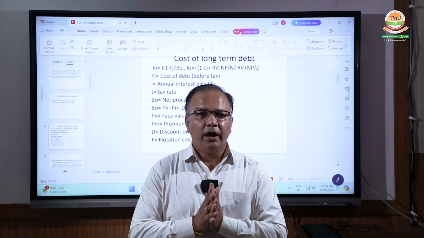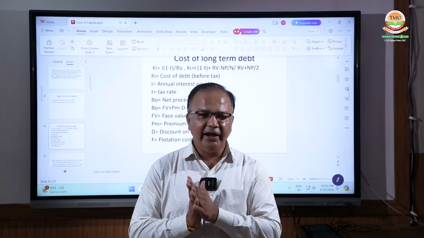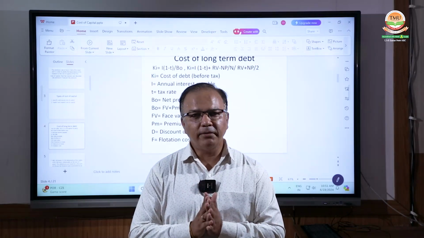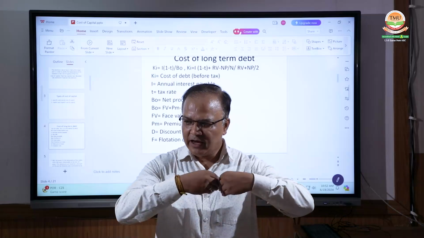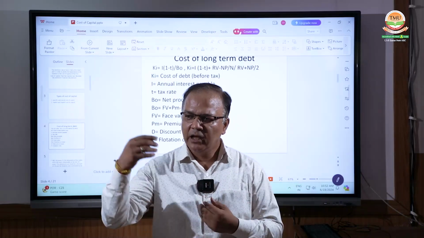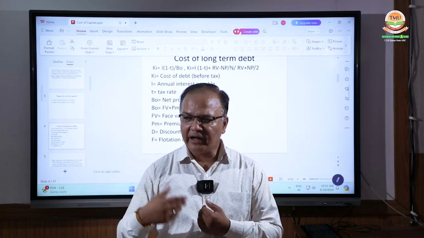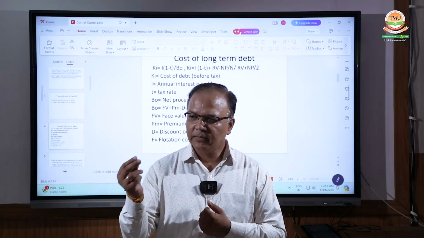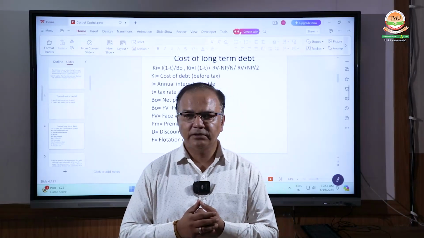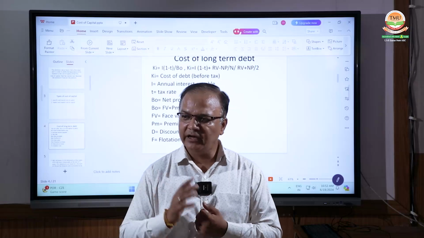Now, another type of debt is irredeemable. In irredeemable debt, again, I am running an organization. I collect rupees 1 lakh, suppose I am collecting rupees 1 lakh for 10 years.